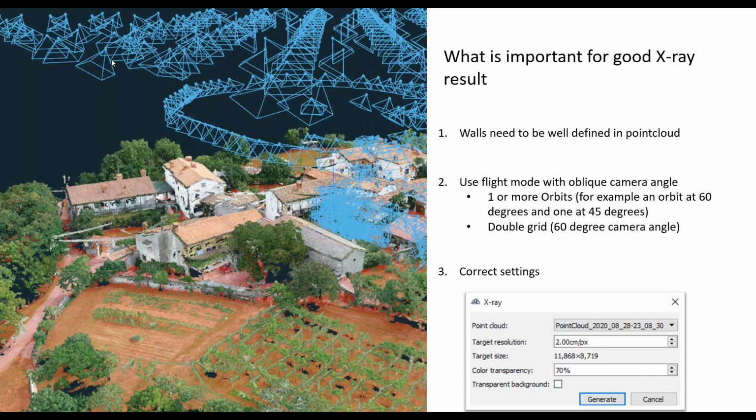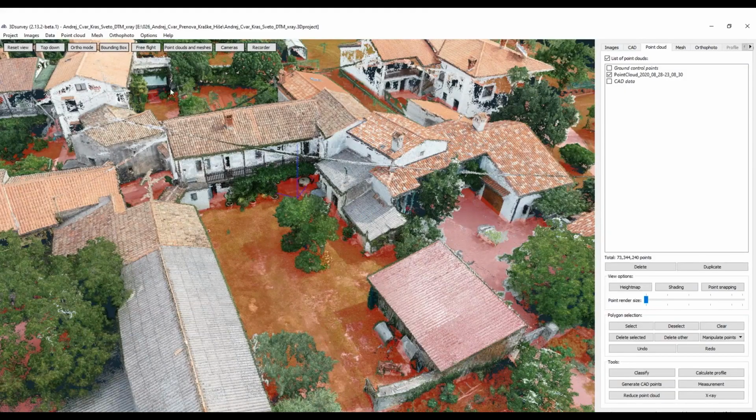For 99% of the cases that you will do, I just recommend you to use 2 centimeters for resolution and 70% for color transparency. Now, let's also check how this technique works in practice.